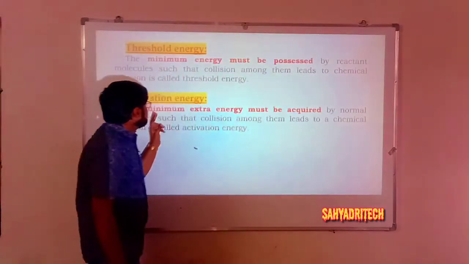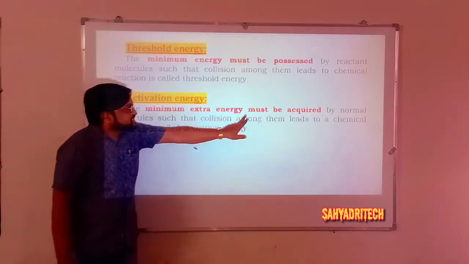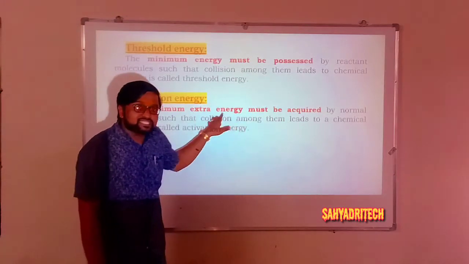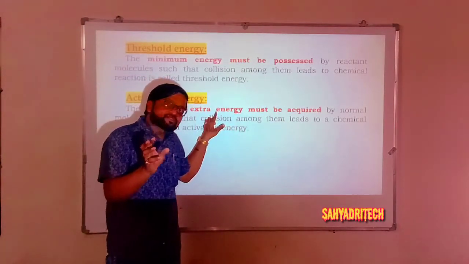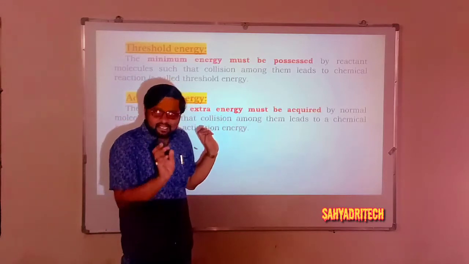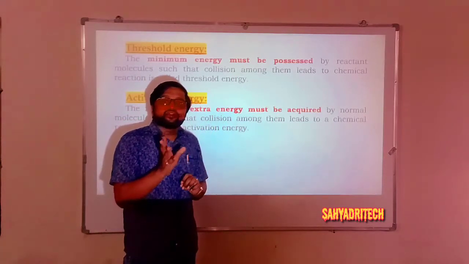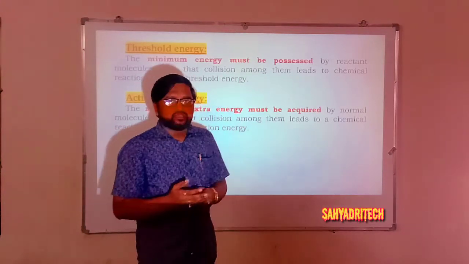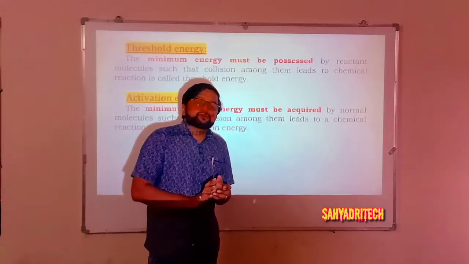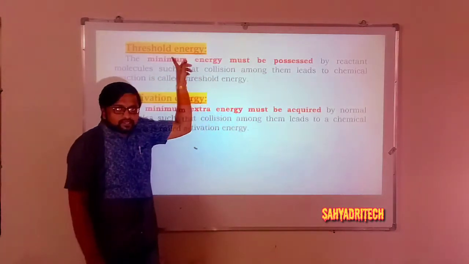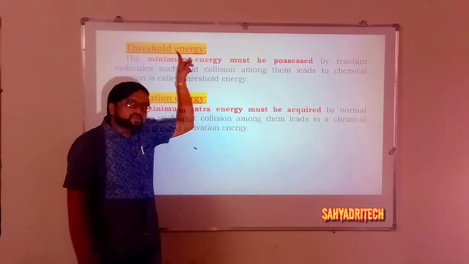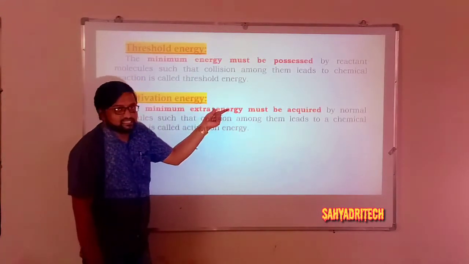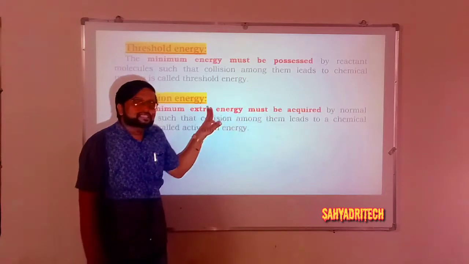So how are we defining it? It is the minimum extra energy that must be acquired. In the sense, reactant molecules already have a certain energy, which we call the energy of normal molecules. To give product, what is the minimum energy they must possess? It is the threshold energy. To reach threshold energy, they have to acquire a certain extra energy.